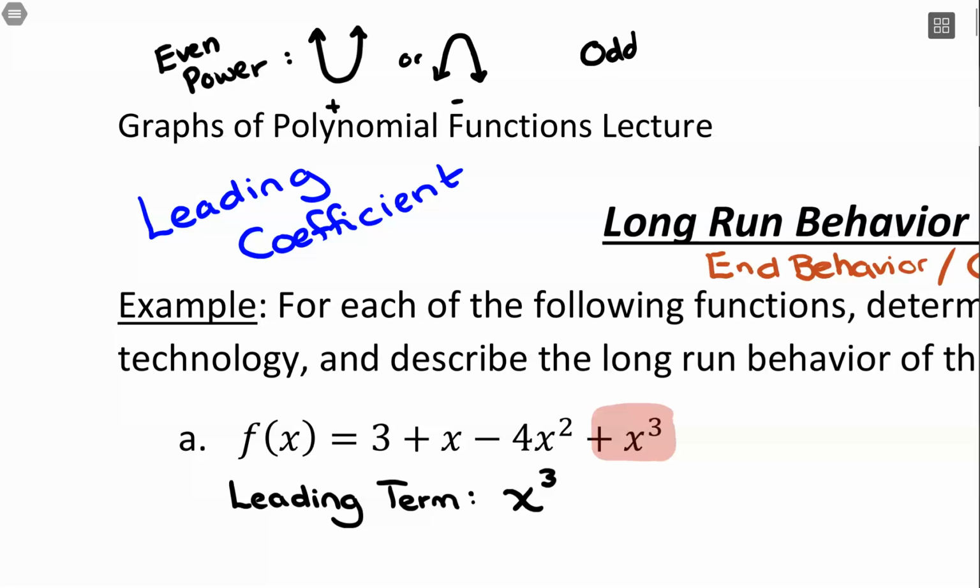If it's an odd power function, our general shape is like our cubic function, so coming from negative infinity going off to positive infinity, or positive infinity to negative infinity, and that's going to depend on our leading coefficient being positive or negative.